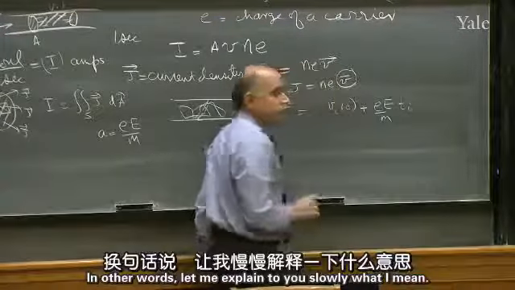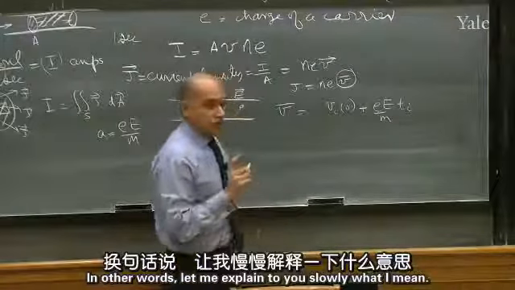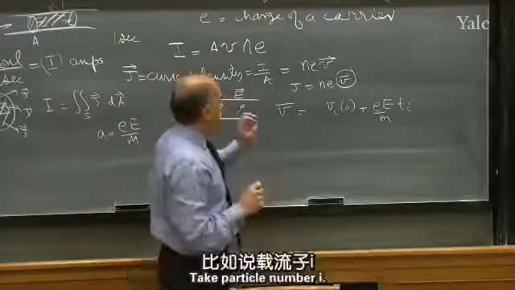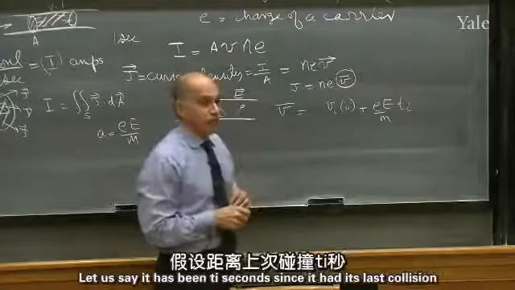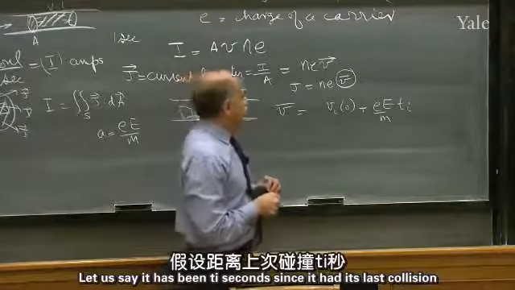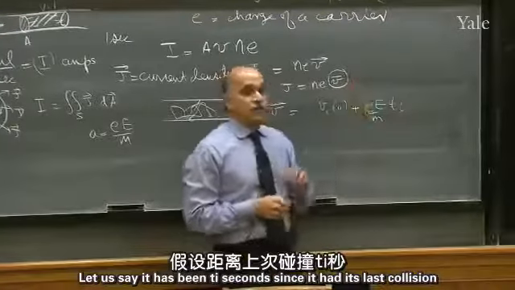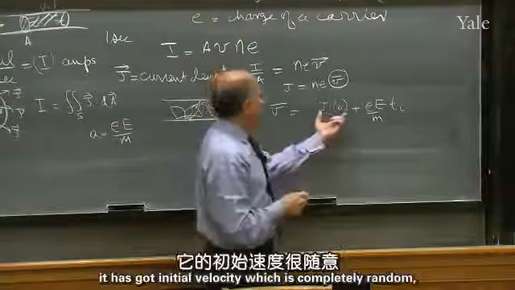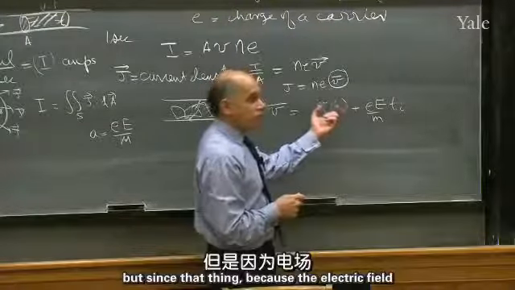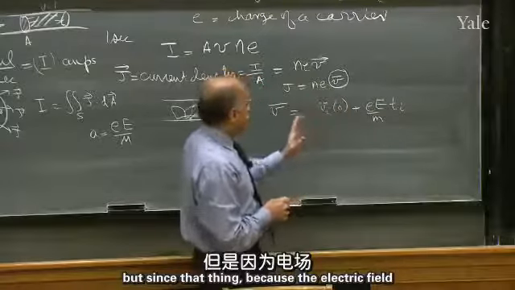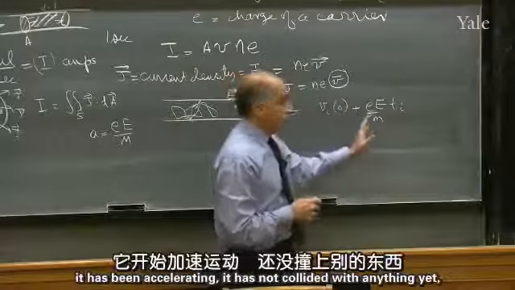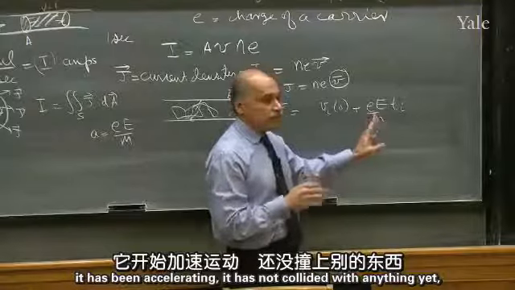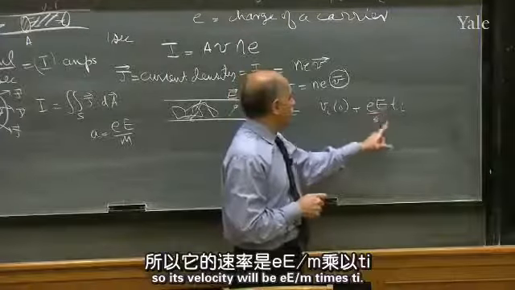In other words, let me explain to you slowly what I mean. Take particle number I. Let us say it has been Ti seconds since it had its last collision. So just after the collision, it has got an initial velocity which is completely random. But since that time, because the electric field has been accelerating it, and it has not collided with anything yet, its velocity will be E over m times Ti.